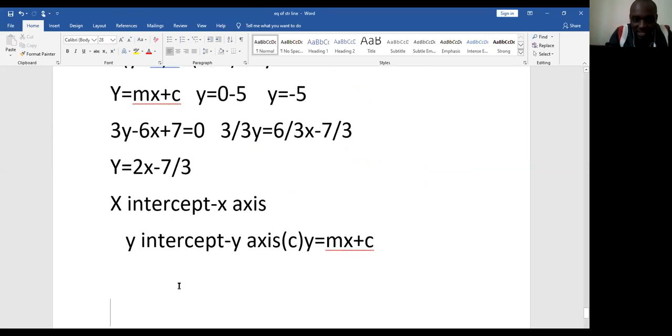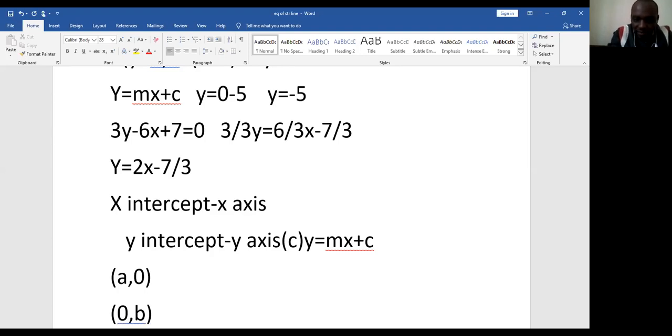A line is passing like this. In this coordinate here, we have (A, 0), and in this one here, we have (0, B). So you can see, in this coordinate here, the value of y is equal to 0.